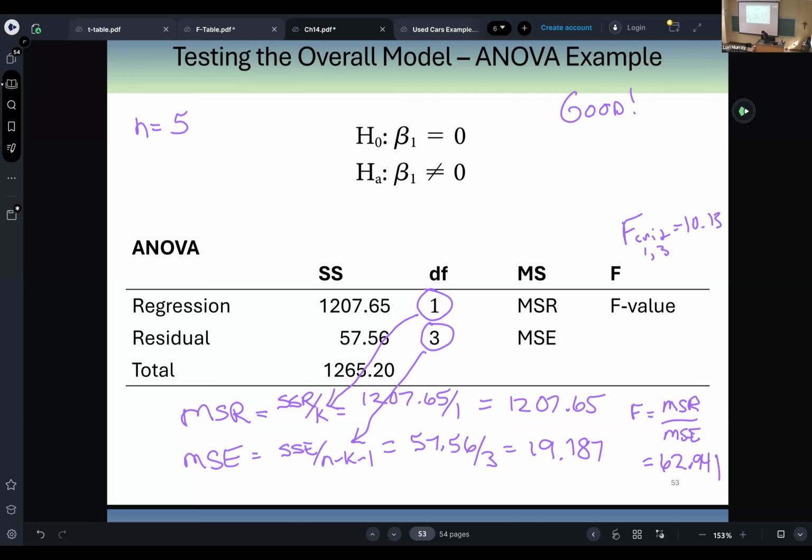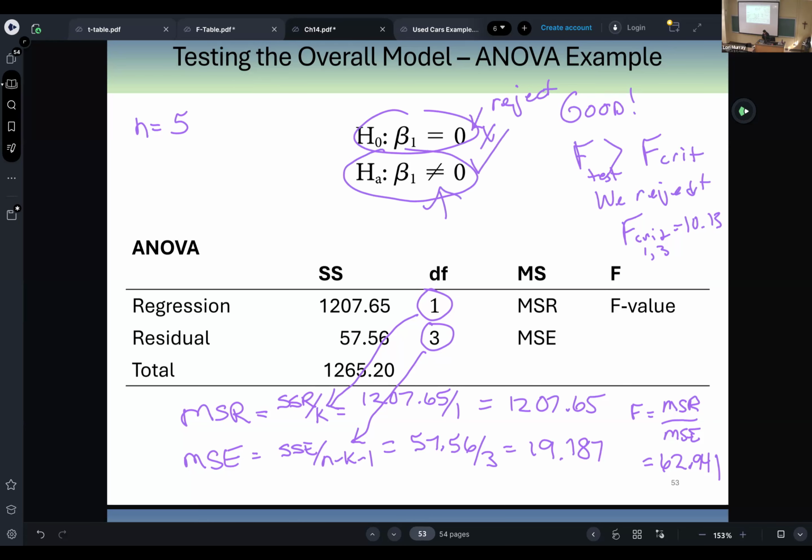We have significance here because the F value is greater than the F critical. So therefore we reject this, reject that, and we're going to keep this. So reject that and keep the second one. This is good.